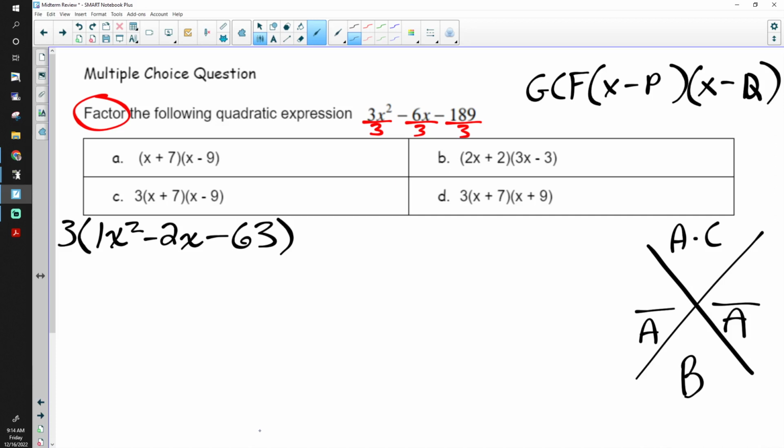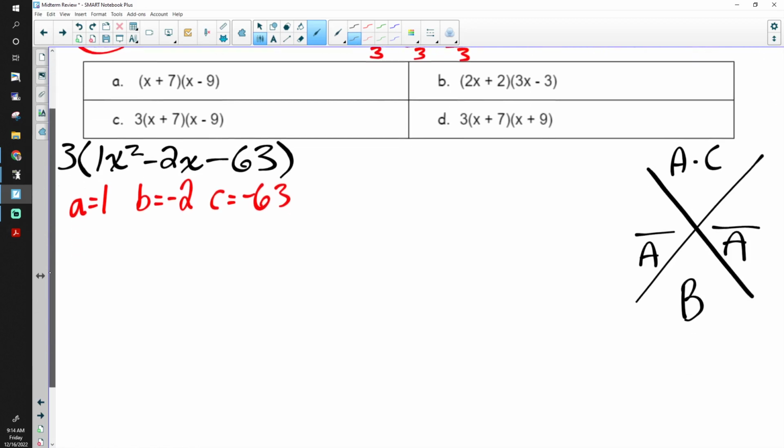And now we use our X method. All we need is our A, B, and our C value. We've done this many times. What is A? Yep. B is -2, and C is -63. Beautiful. There's our A, our B, and our C. We must follow our X method of factoring, and we'll be good.